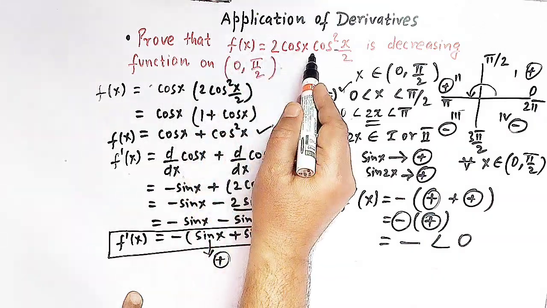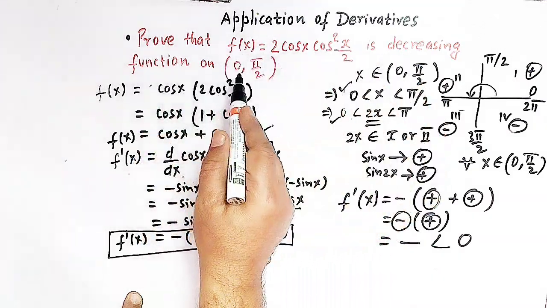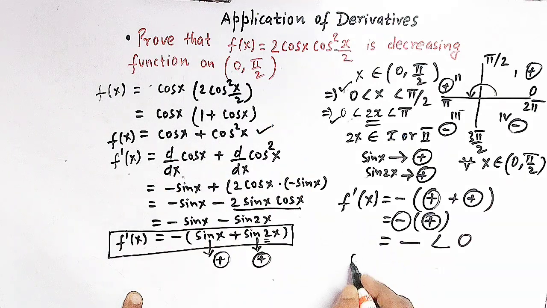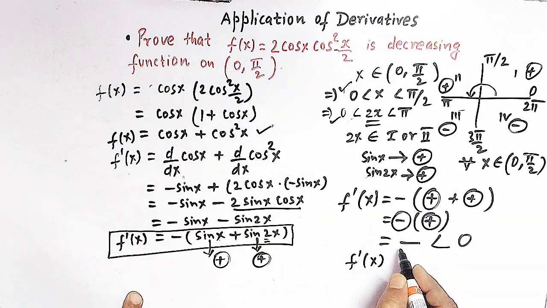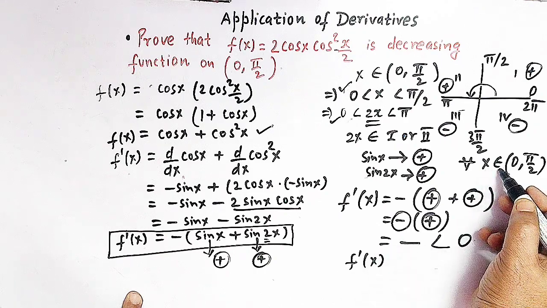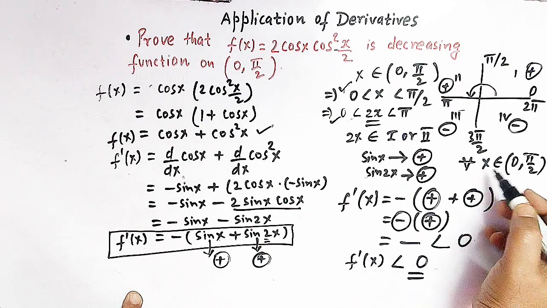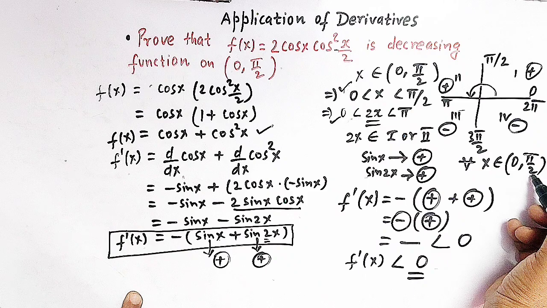So this function f of x is a decreasing function on this interval 0 to pi by 2, because f prime of x is equal to a negative number for all x belonging to 0 to pi by 2. That is, f prime of x is less than 0 for all x belonging to 0 to pi by 2.